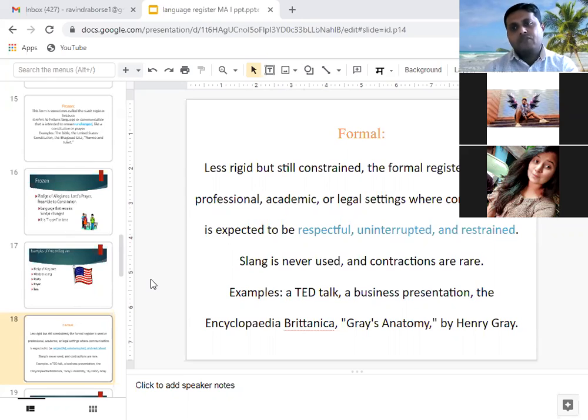If you visit an advocate, formal. If you visit a doctor, formal, right? If you visit the principal's cabin, formal way of communication, isn't it? We use formal or respected words over here.